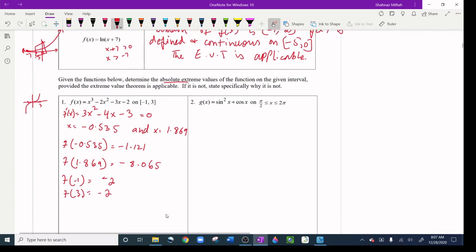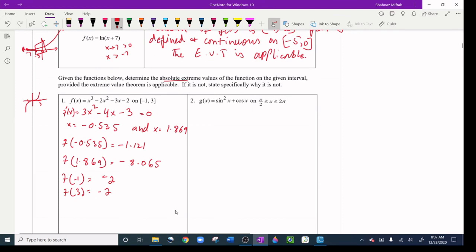So you can tell which one is absolute maximum and absolute minimum. And these are all negative y values. The greatest y value, the negative y value closest to zero, is the biggest, and the most negative one is the smallest.